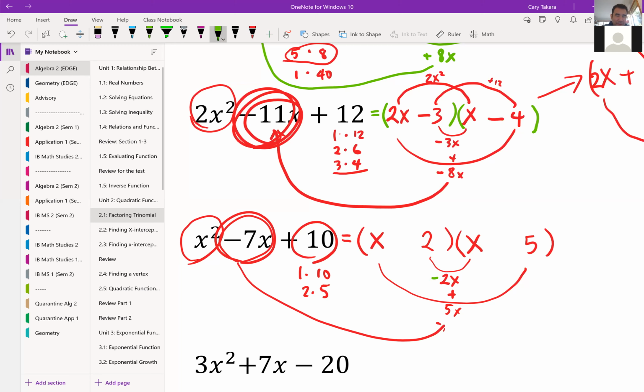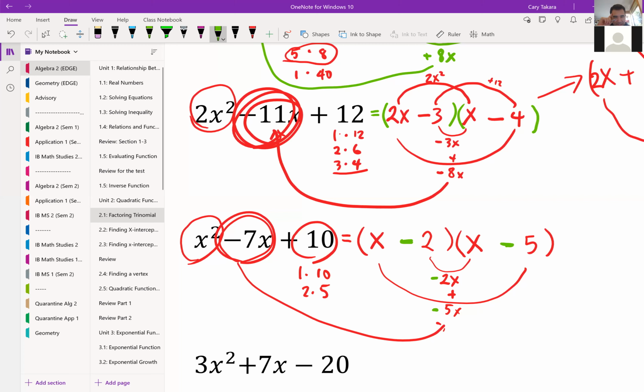If 2x is negative 2x and 5x is negative 5x, then if you add them, don't you get negative 7x? That means this has to be negative and 5 has to be negative as well.